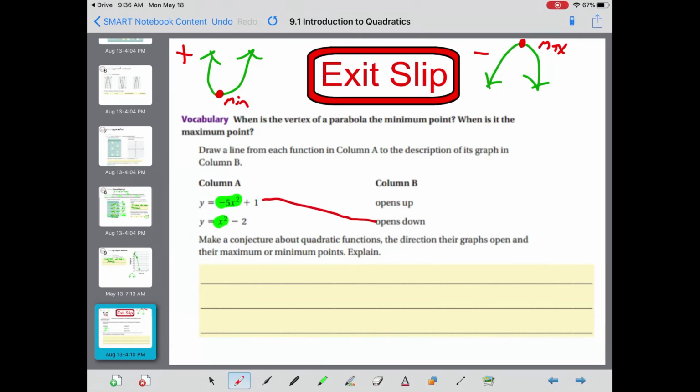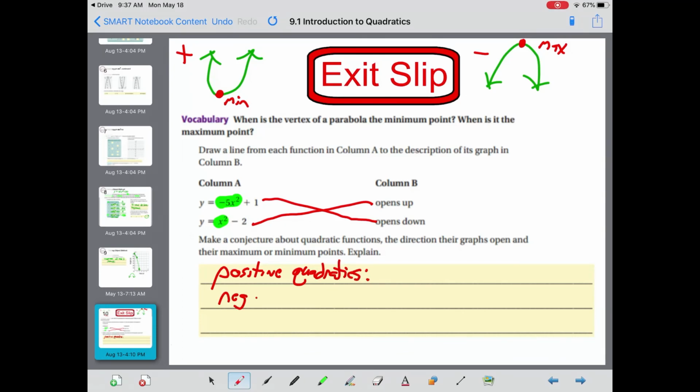I see a negative 5x squared and I see a positive x squared. Negative opens down, positive opens up. Make a conjecture about quadratic graphs, the direction of their graphs, and their maximum and minimum points. So that's basically taking those images I just drew at the top and converting them into words.